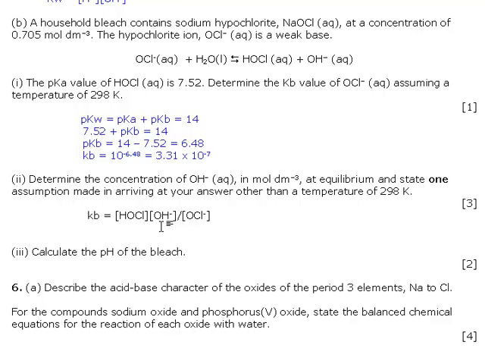We're going to rearrange our equation so Kb multiplied by the OCl minus ion concentration, which is going to be the initial 0.0705, is equal to HOCl multiplied by OH minus.